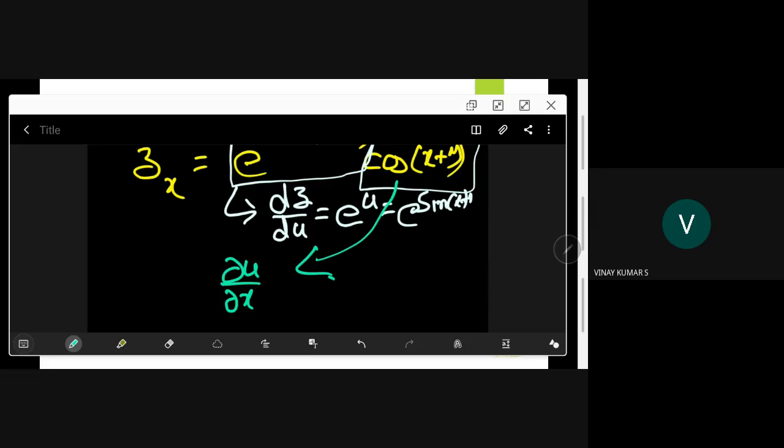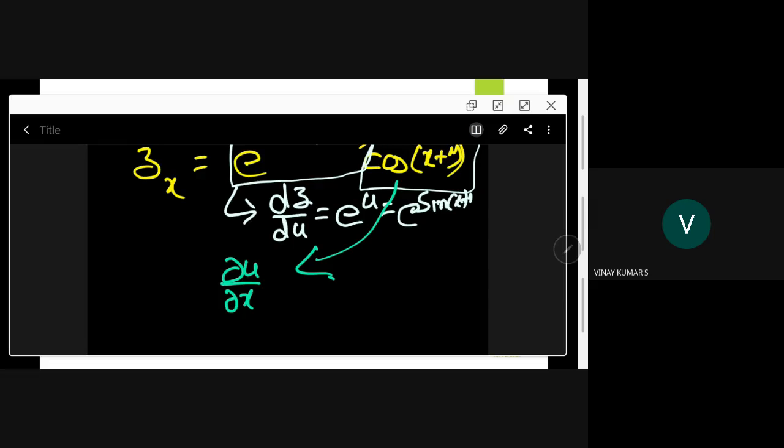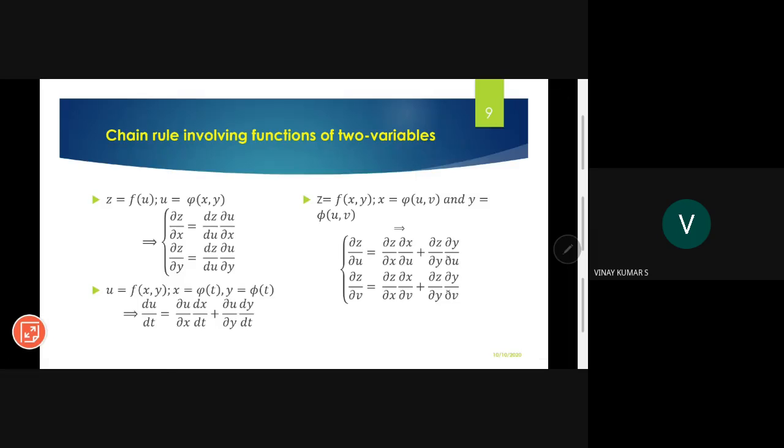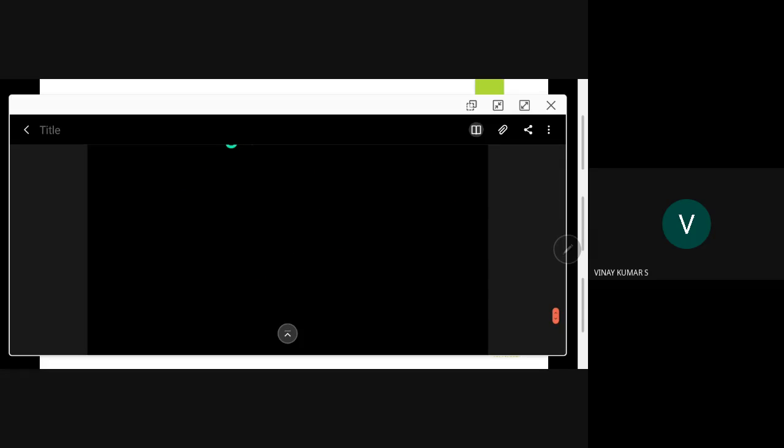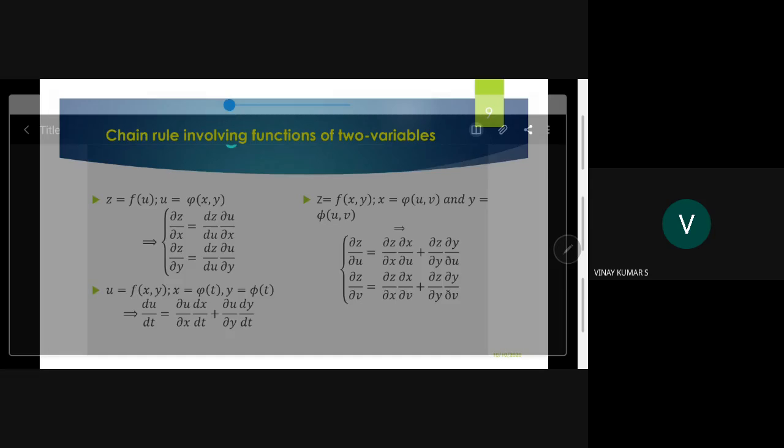Of course, ∂u/∂y is also cos(x+y). So here the chain rule is coming. See how the chain rule is coming.